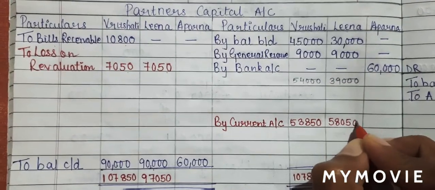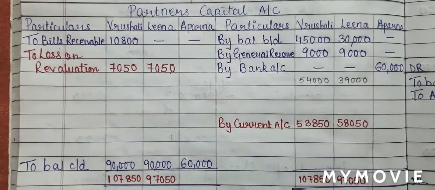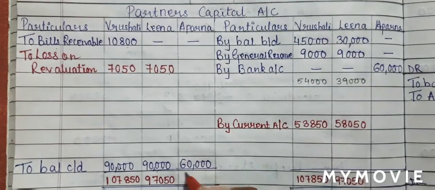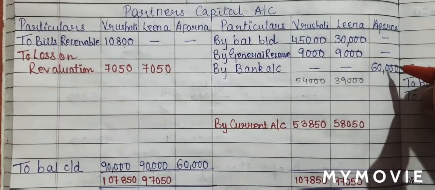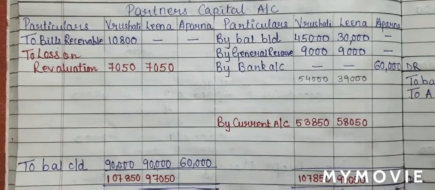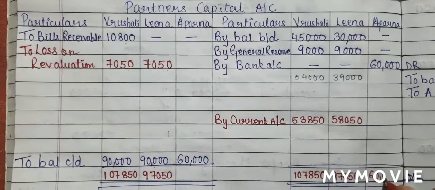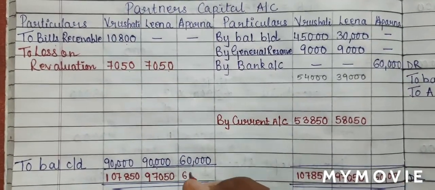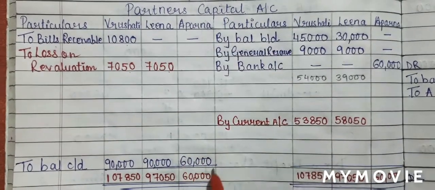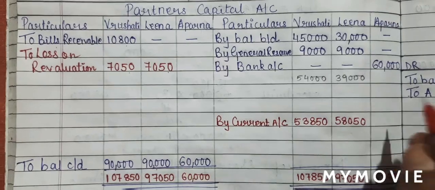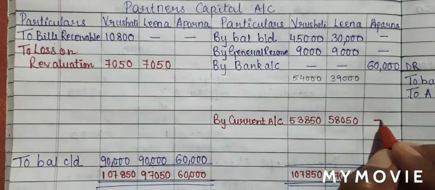58,050 rupees. And if you see on the credit side, we have a balance carried down for new partner Aparna 60,000. Our credit balance is greater, so I'll write 60 on both the side. From 60, there is nothing to minus, so I've got 60,000 as my balance. So for Aparna will be a dash.